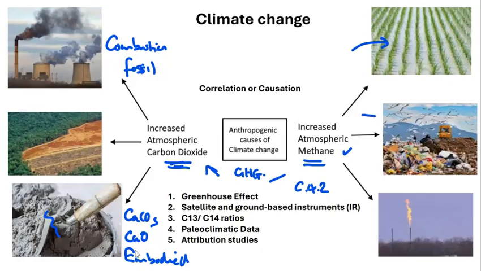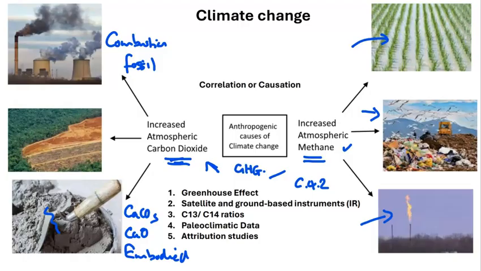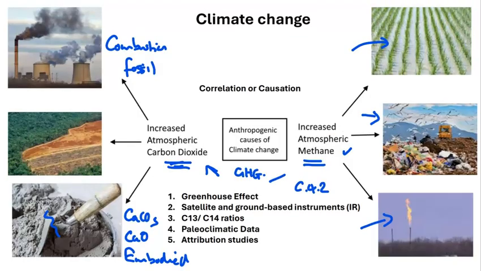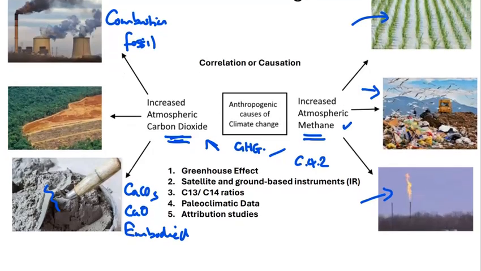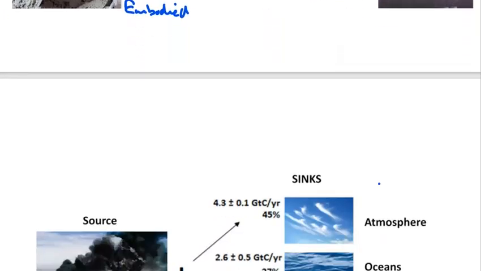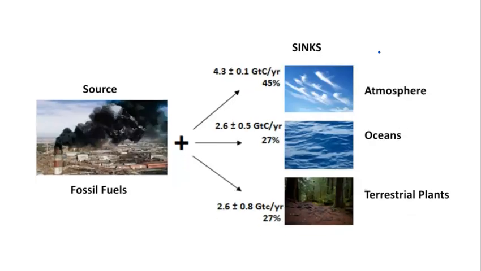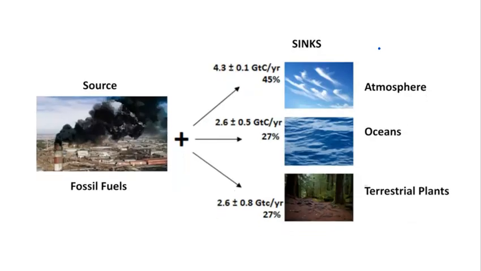There's the decomposition of waste from human processes, and then also the venting of gases in the oil industry, in which there's a release of gases such as methane, and they're burning off into the atmosphere, where such gases are seen as waste products. So these contribute to the changes in the atmospheric carbon dioxide levels.